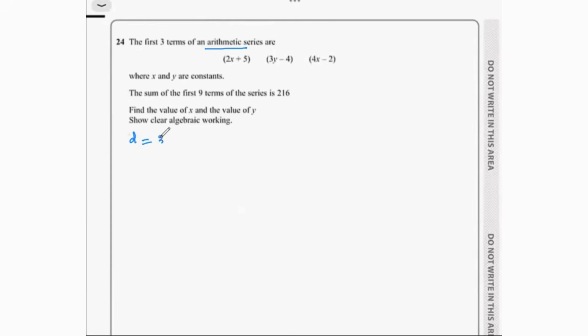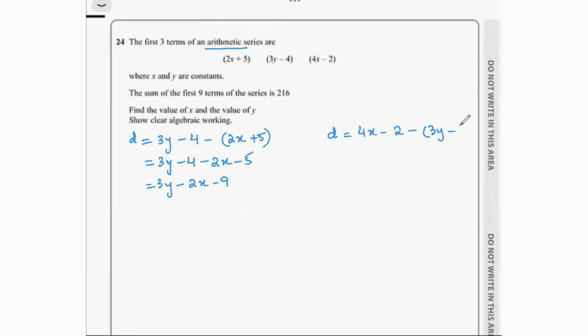It's going to be 3y minus 4 minus 2x plus 5, which is 3y minus 4 minus 2x minus 5. And that's 3y minus 2x minus 9. Then we find the common difference again, but now between the third and the second term. That's going to be 4x minus 2 minus 3y minus 4.